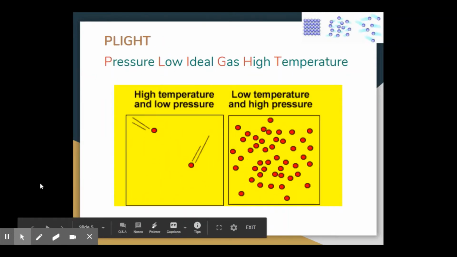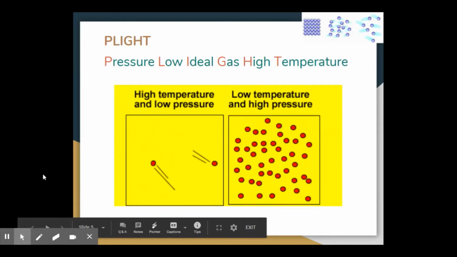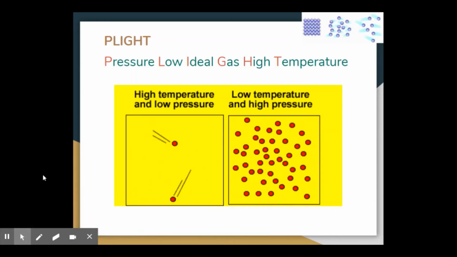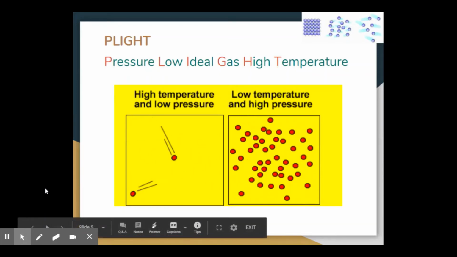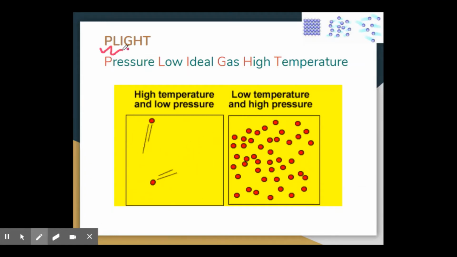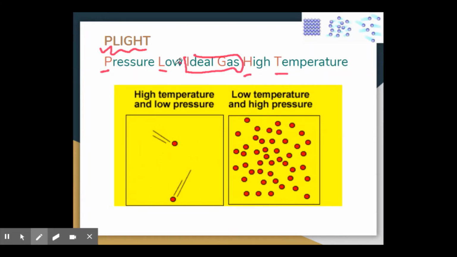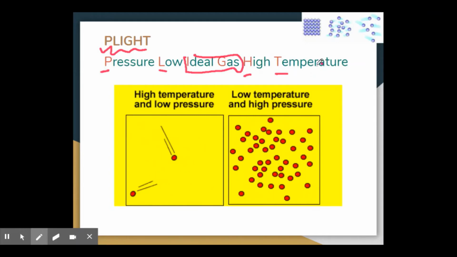The easiest way to remember ideal gas conditions, because remember, there's no such thing as an ideal gas, there are just conditions that guarantee a gas will behave ideally, in chaos like we expect. So here's a mnemonic device called PLIGHT. It stands for pressure low, ideal gas, high temperature. Those are the two conditions that guarantee a gas is going to behave ideally.